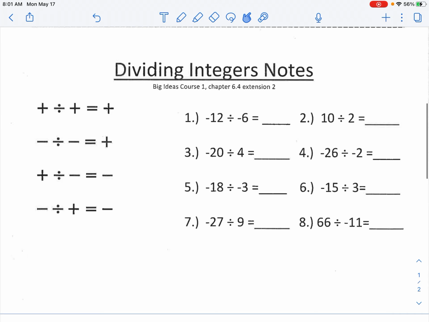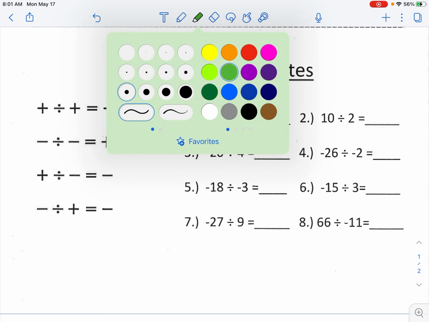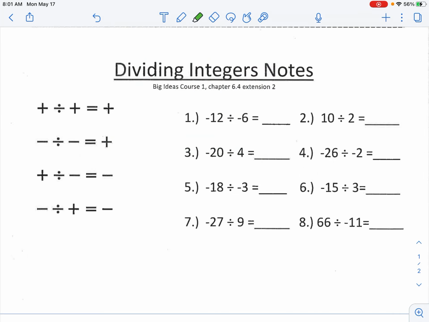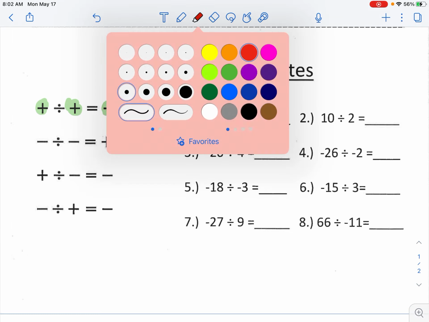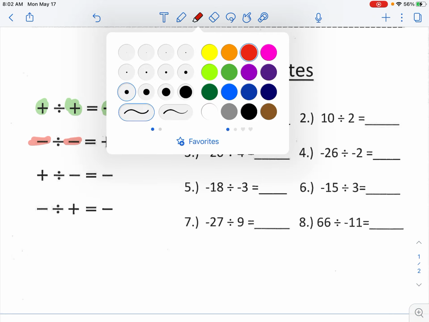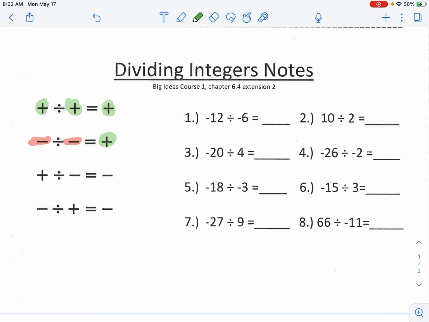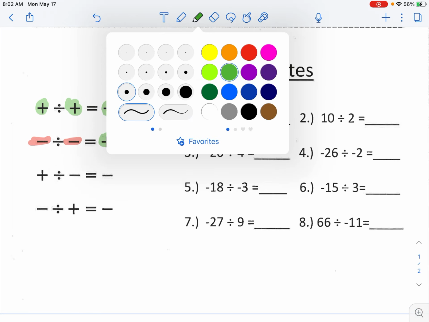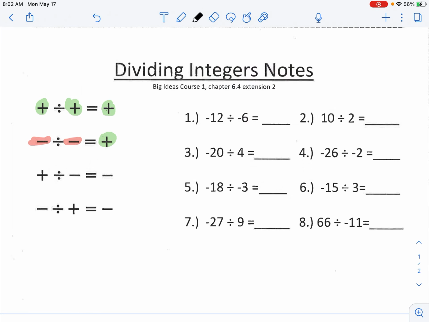You're going to notice the rules are exactly the same at the bottom of the page. This is for division. So a positive divided by a positive equals a positive. A negative divided by a negative also equals a positive. So we are going to divide our rules right here.